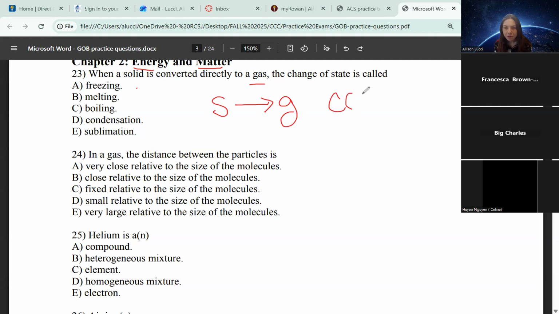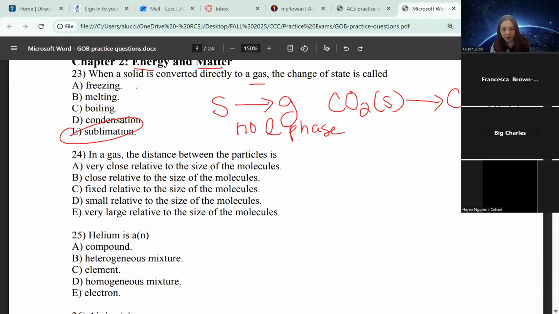If you recall, I mentioned dry ice, so CO2 solid. At normal atmospheric pressure and room temperature, CO2 does not exist as a liquid. It has no liquid phase. So this is an example of what we call sublimation. When we go directly from solid to gas, we're subliming.